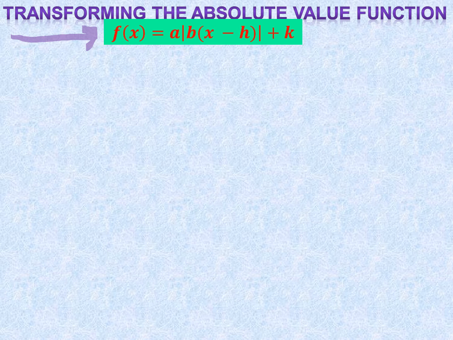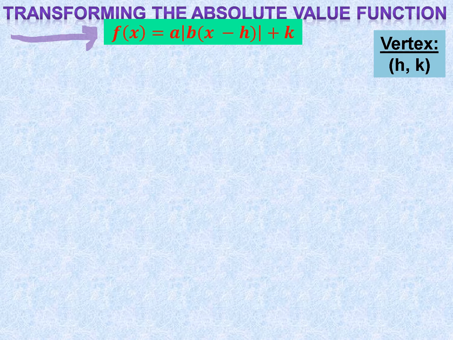Well, the vertex is h, k. So if you're given an equation in this form, obviously a, b, h, and k would be numerical values. To determine the vertex of your absolute value function, it is simply h, k.